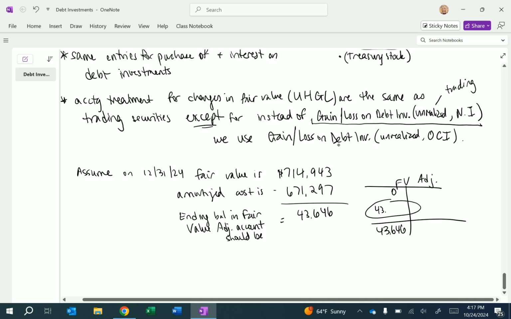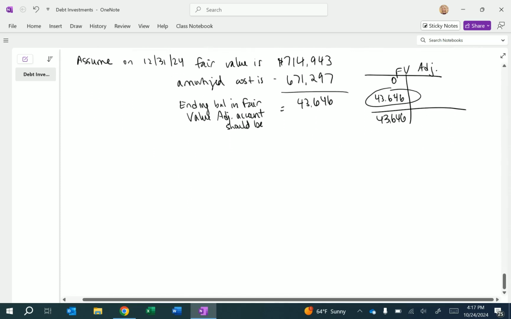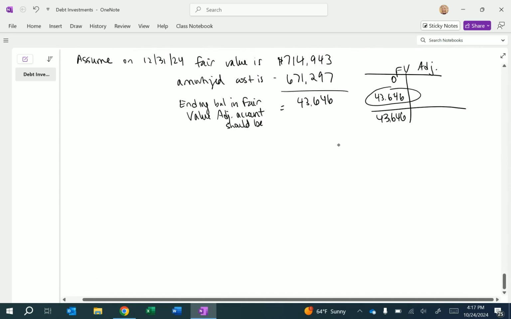We need an entry for a debit of 43,646. The adjusting entry at the end of the year to record the change in the fair value is going to debit fair value adjustment. So we increase our assets with this debit to fair value adjustment, 43,646, and we're going to credit to increase.